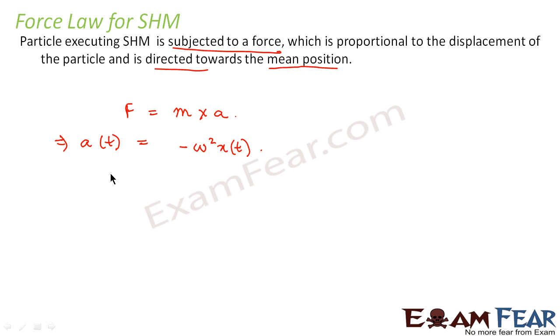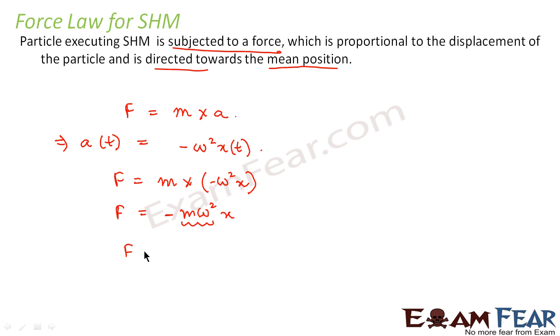This is the acceleration. Now, if we put this value of acceleration in this equation of force, we can say that force is equal to mass into minus omega square x. Or we can write it as minus m omega square x.